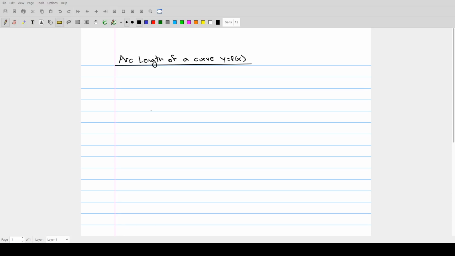And specifically, this is for the arc length of a general function of x. If we're given a function of x, or y equals a function of x. So we have an x-axis, a y-axis, and suppose that we have some curve right here, some y equals f of x.